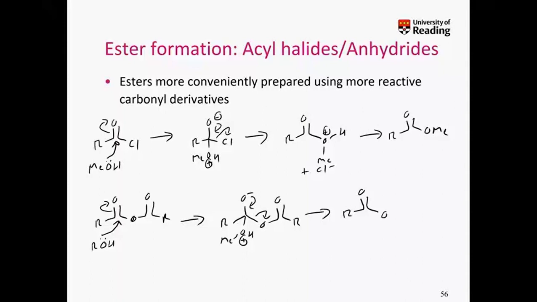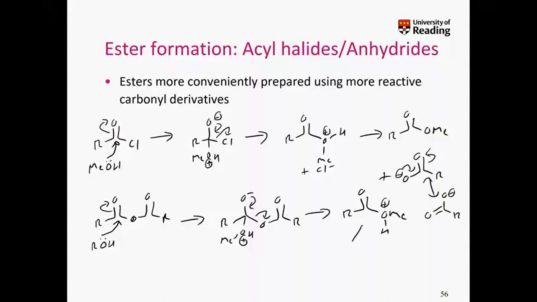So what we end up with here is OMeH, and what we end up with is this anion as a leaving group, and this is a very stable leaving group because we can draw a resonance structure where we move the negative charge across the two oxygens, and that makes it particularly stable.